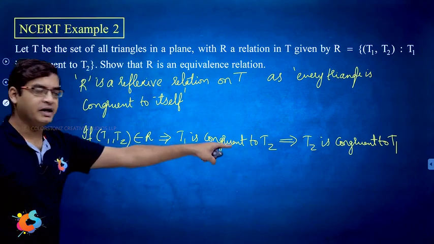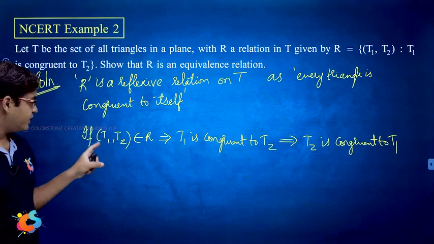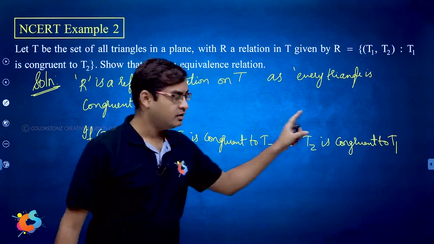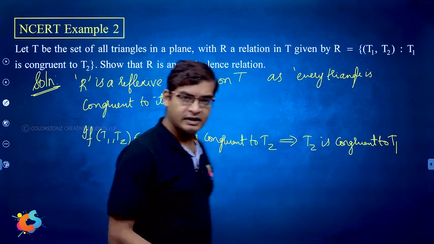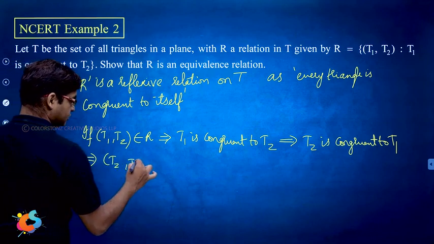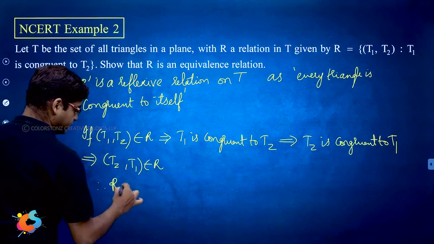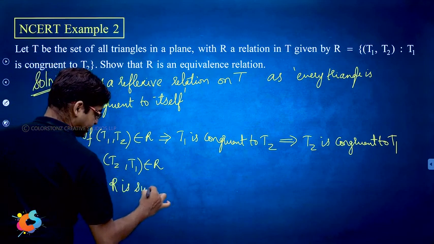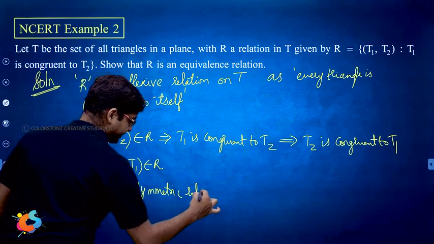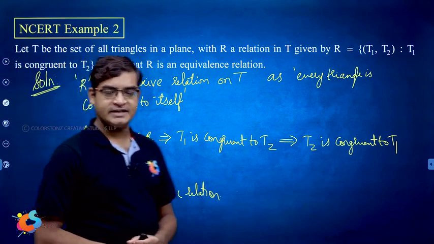If T1 is congruent to T2, T1 will be mapped to T2 under the relation. So T1 comma T2 will belong to our relation. If T2 is congruent to T1, then T2 will be mapped to T1 under the relation. So implies T2 comma T1 belongs to R. Therefore, R is symmetric relation. Okay, simple, fine. So we have proved that this is symmetric also.